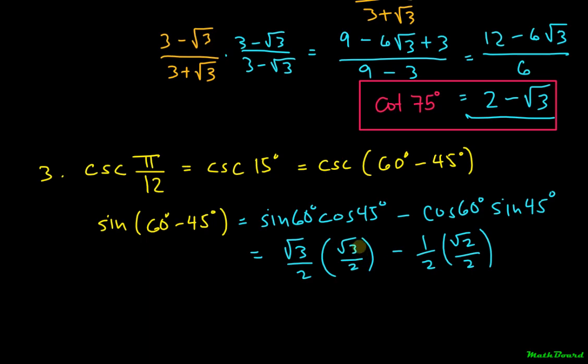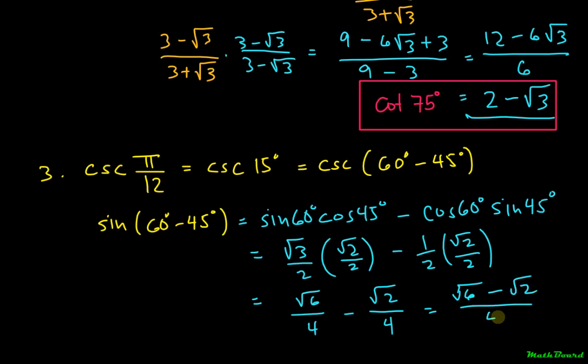So this should be 2. Then simplify: square root of 3 times square root of 2, that's square root of 6. 2 times 2, 4. 1 times square root of 2, square root of 2. Then 2 times 2, 4. We have square root of 6 minus square root of 2 over 4.